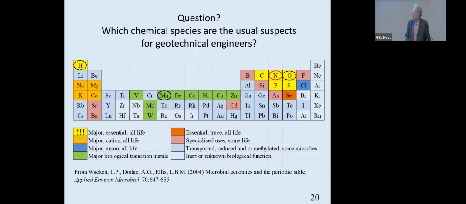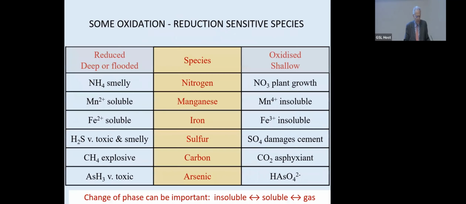Manganese, they're major biological transition metals. Iron, sulfur, carbon. And I'm going to talk about arsenic as well, but those ones in the red rings, if you like, are the ones that we're most likely to meet as problematic elements in the ground.